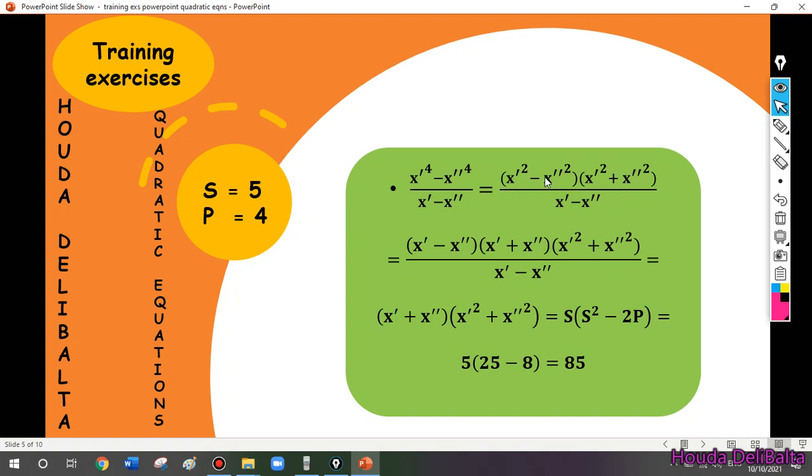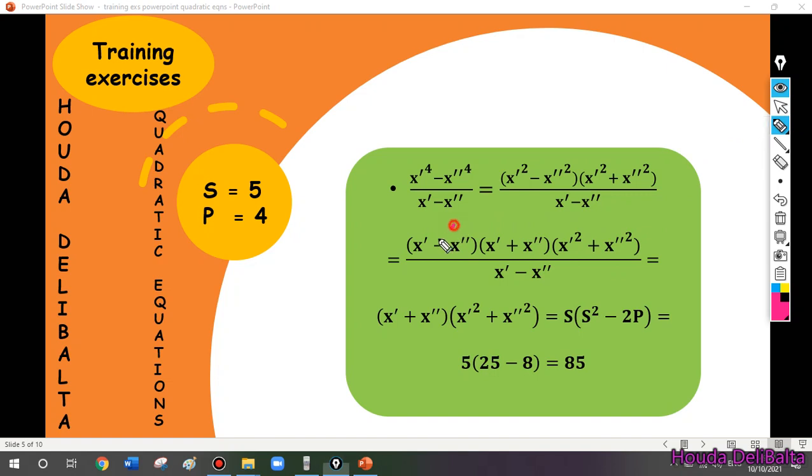So x prime squared minus x double prime squared into x prime squared plus x double prime squared. Now, that's again an identity, and I can factorize it more. So we got x prime minus x double prime into x prime plus x double prime, and this is kept without any factorization because there is plus in the middle.